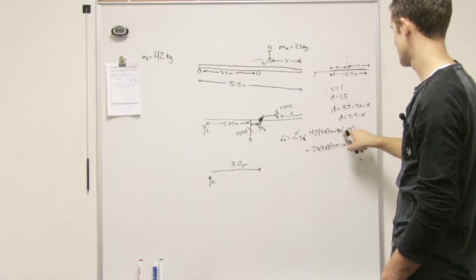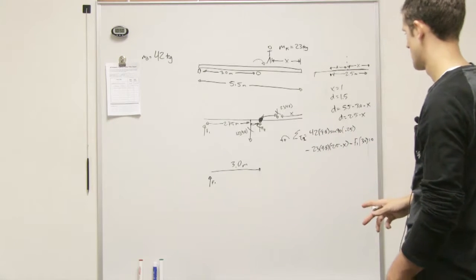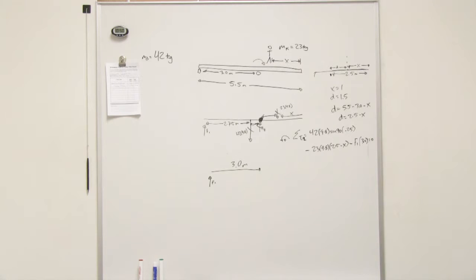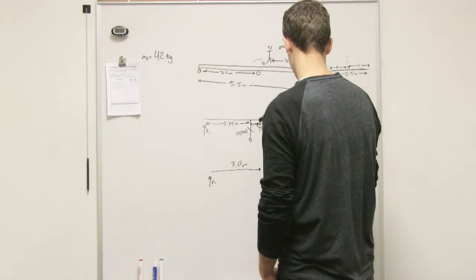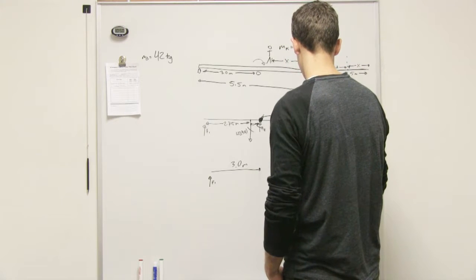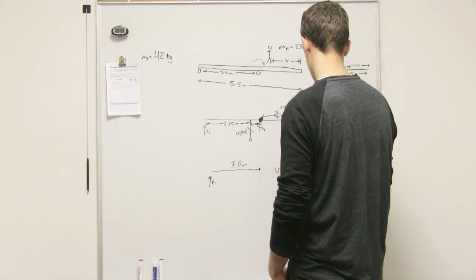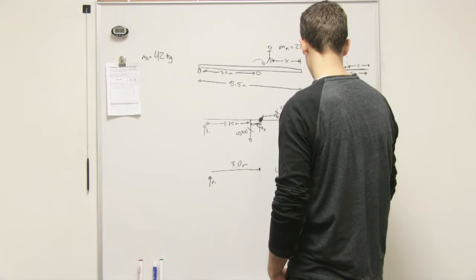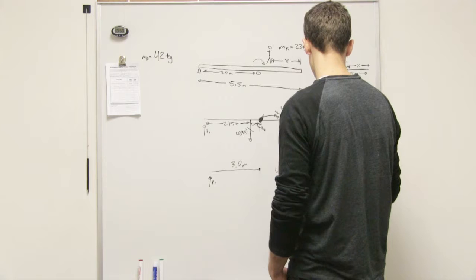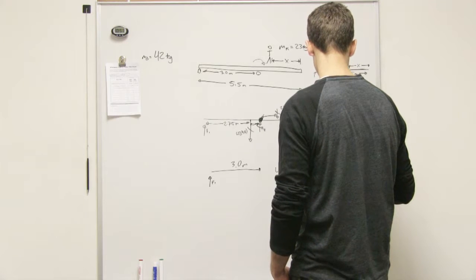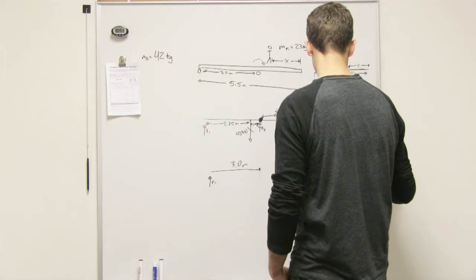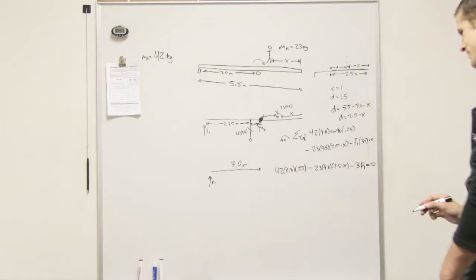So what's this going to be? What's the answer? Well, you've got an equation now that looks like this, right? 42 times 9.8 times 2.25 (and sine of 90 is 1) minus 23 times 9.8 times (2.5 minus x) minus 3F1 equals 0.